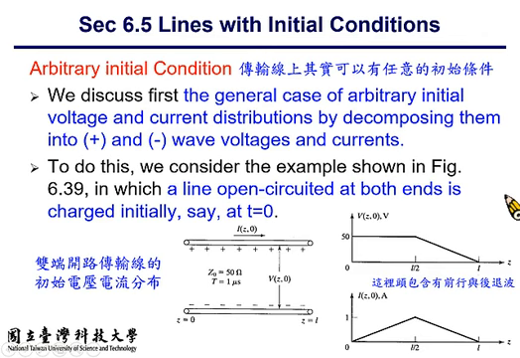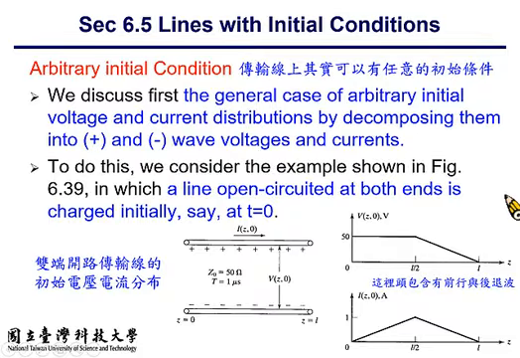Okay? So in this case, we have a piece of transmission line. The characteristic impedance is 50 ohm. The length or the duration for propagation delay is 1 microsecond, which is about 200 meters.